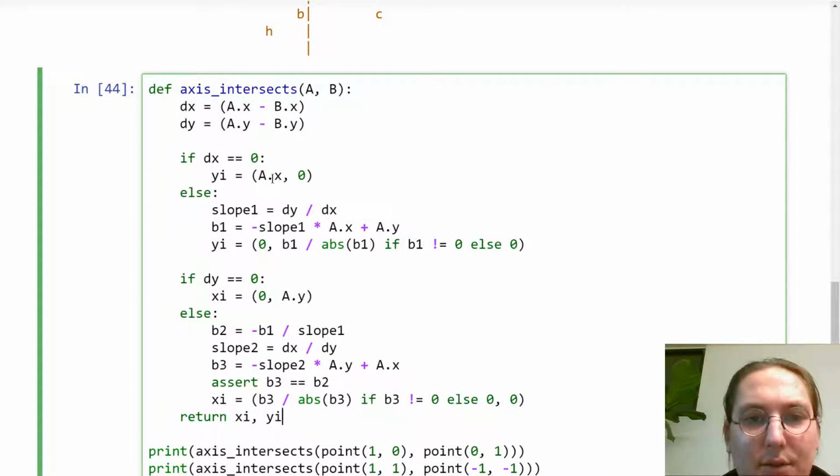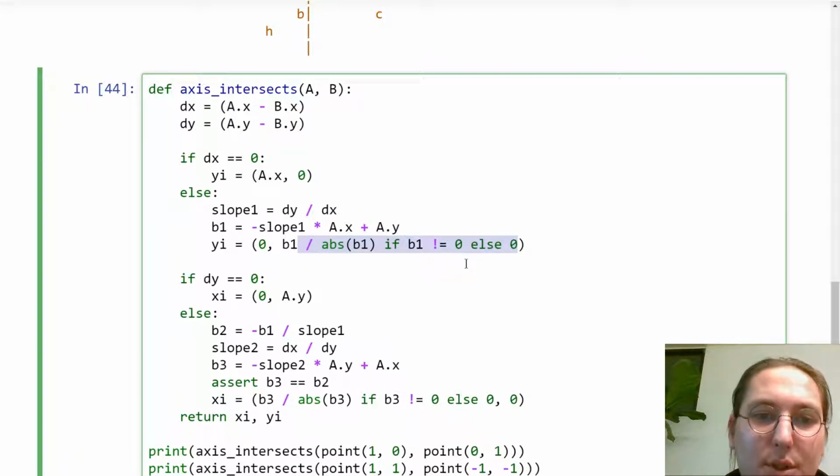And I guess we have to do the normalization for this too, but we could do it outside.